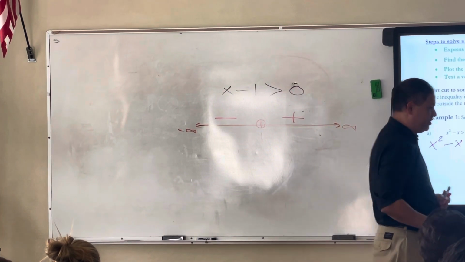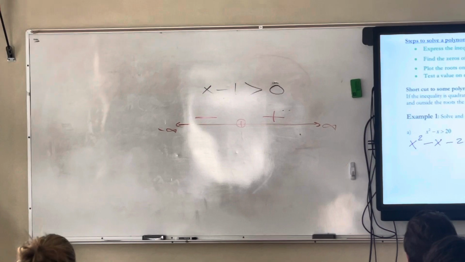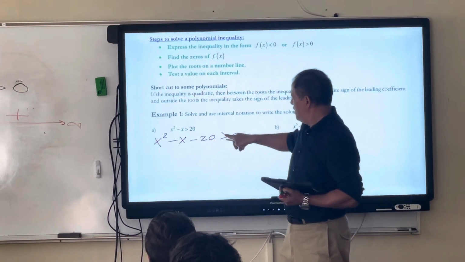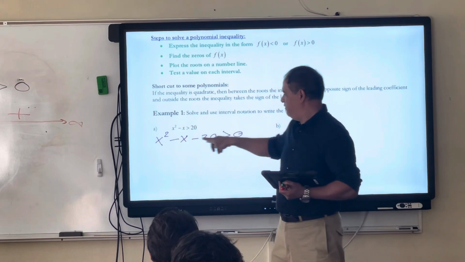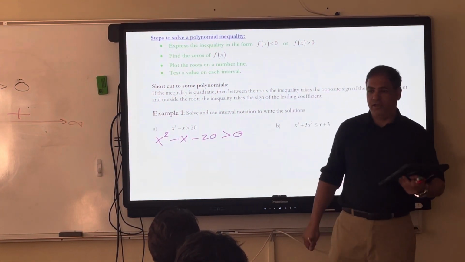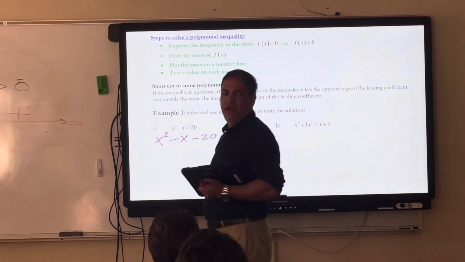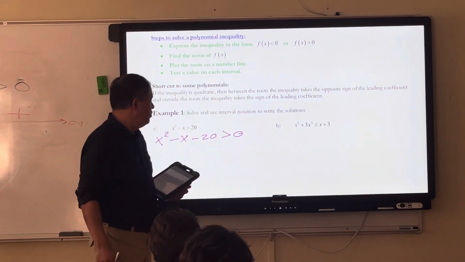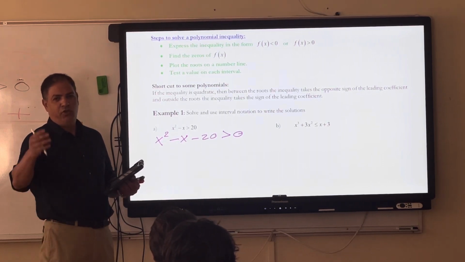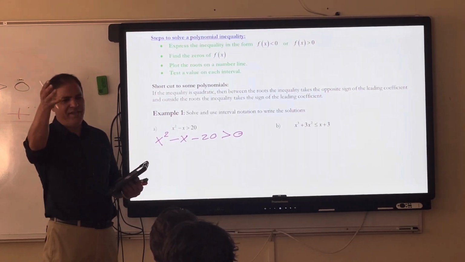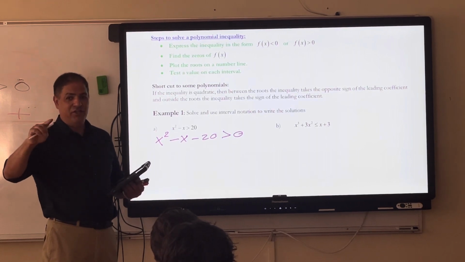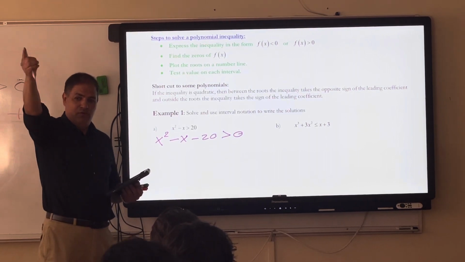So we said we need to find the zeros. If I change this to an equation, what type of equation would this be? Quadratic. How many different methods can we use to solve a quadratic equation? 3 or 4. Actually, in reality, it's 3, because the quadratic formula is a shortcut to what?